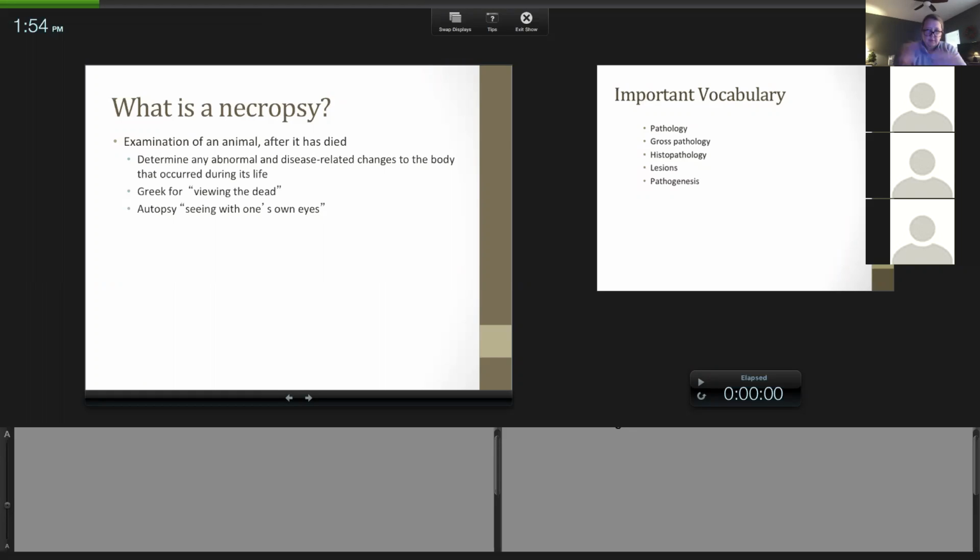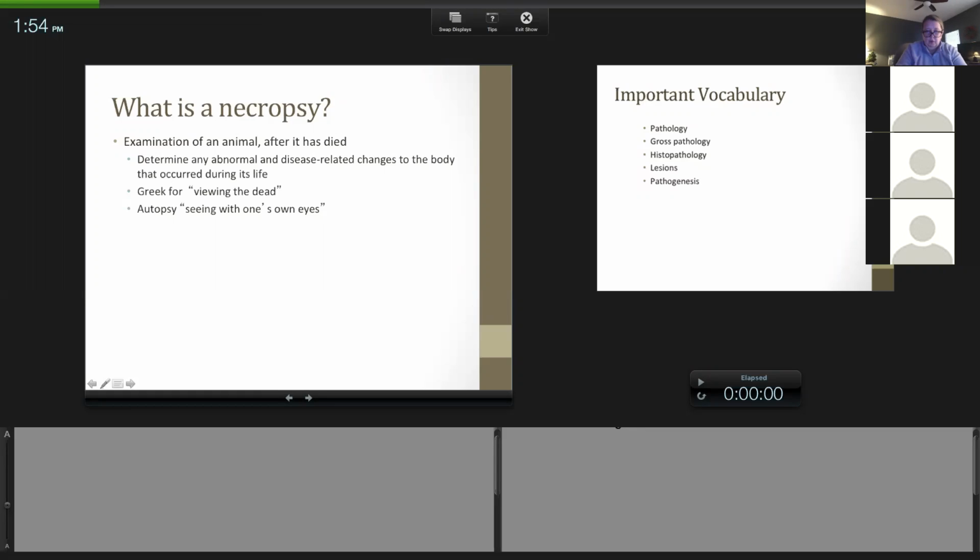It's a similar process. You're looking at a deceased person in an autopsy, and at a deceased animal in a necropsy. That's the difference.